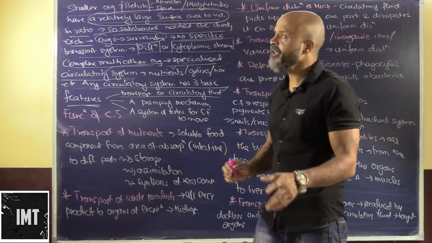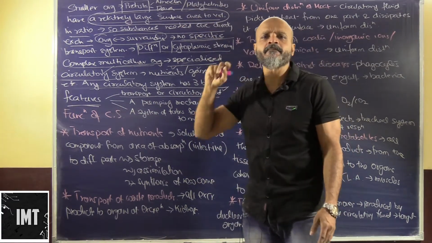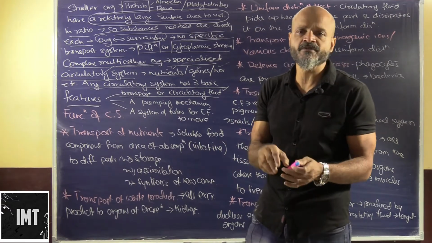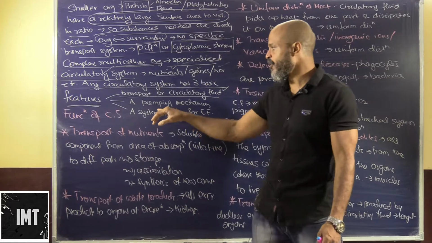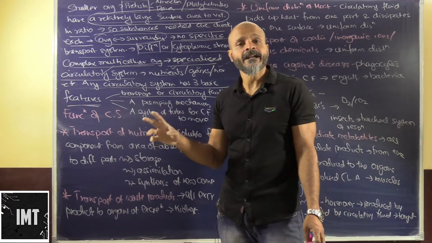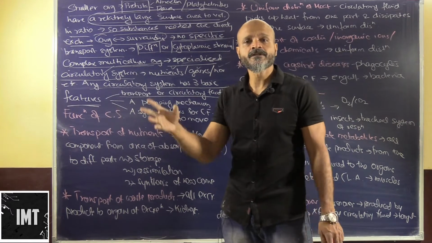Now in small organisms like amoeba and paramecium, the entire body structure is unicellular, so there is hardly any distance. So we would not need the second thing, that is a pumping mechanism. This would be required in higher animals like us, dogs, cats and so on.